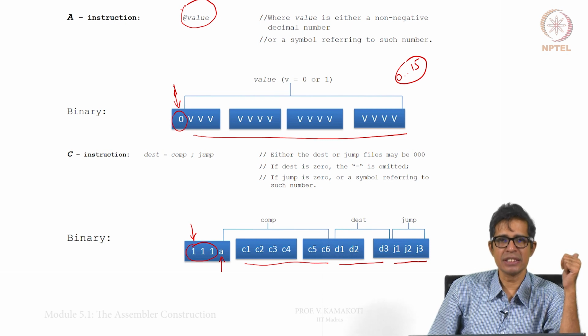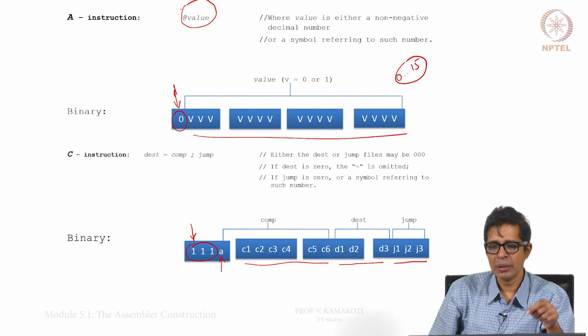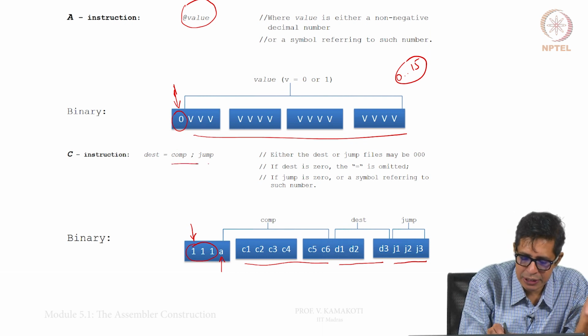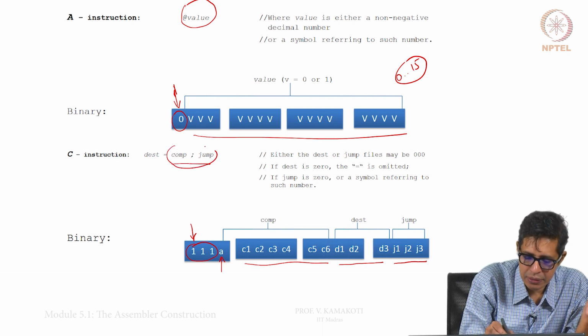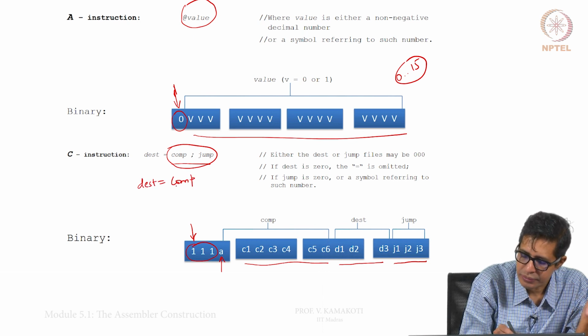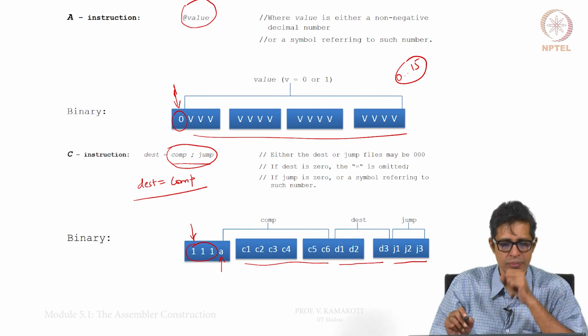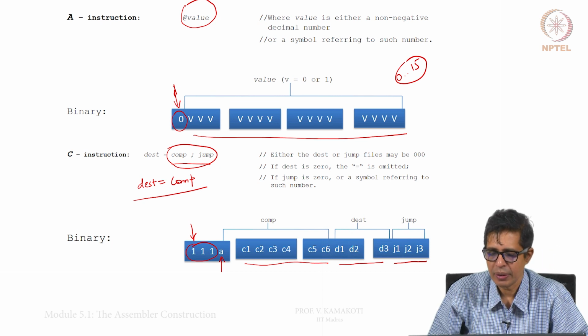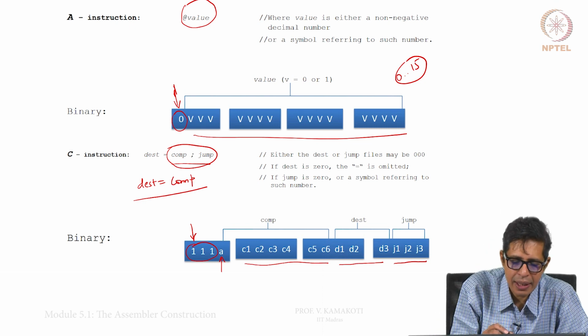The C instruction is of the form destination equals computation semicolon jump. So there are two types of C instruction: comp semicolon jump, or dest equals comp.